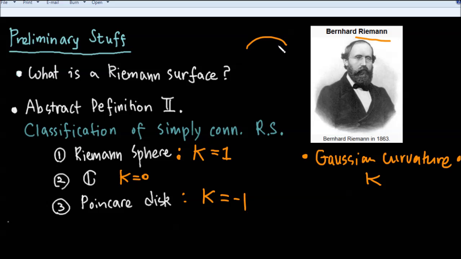If you have a surface and there's a normal vector in there, and in the neighborhood the curve is bent away from the normal vector, then it's positive curvature. So this looks like a piece from the Riemann sphere, and this is perfectly flat, a good example.